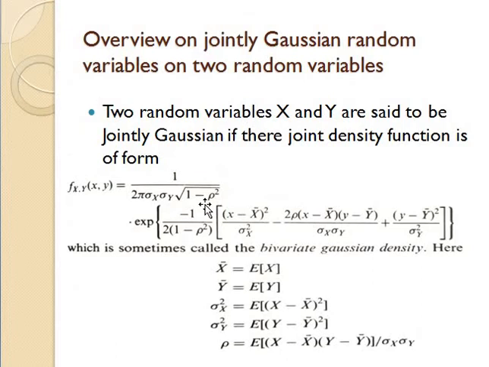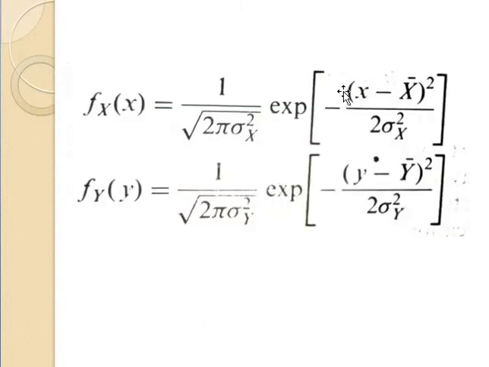This is sufficient to say that x and y are statistically independent. So we can conclude that for any uncorrelated Gaussian random variables, the variables are also statistically independent.